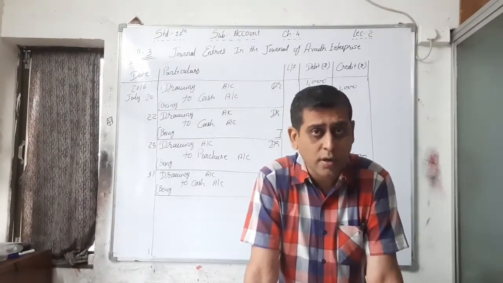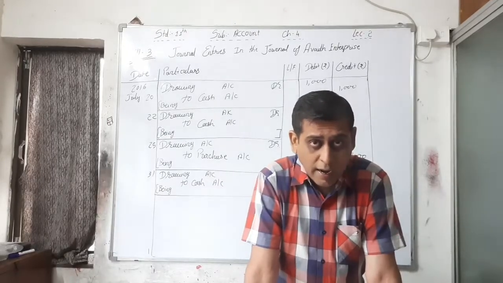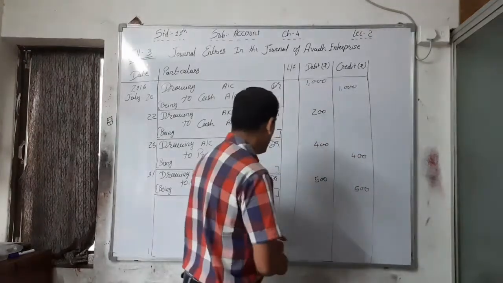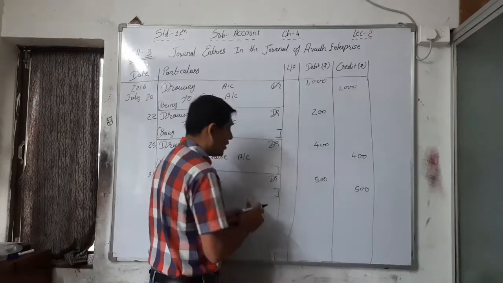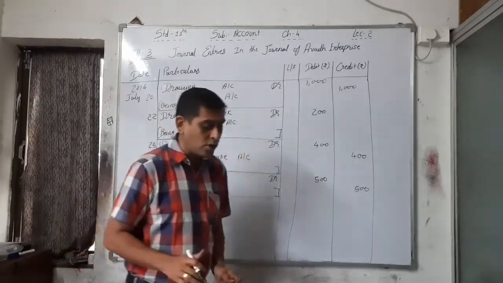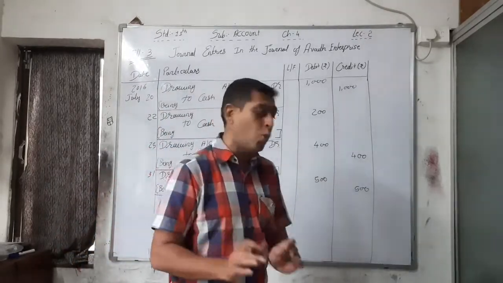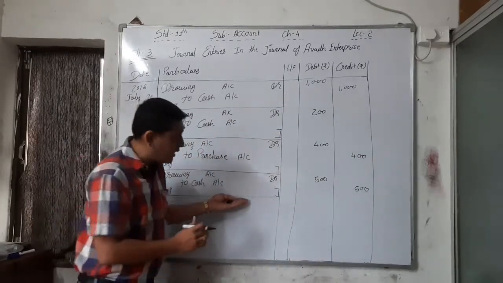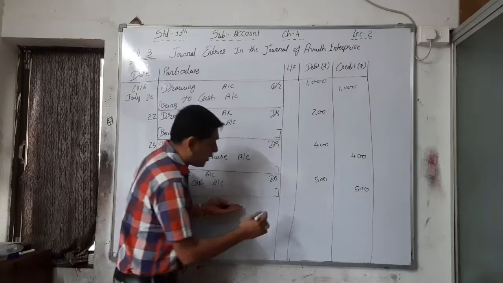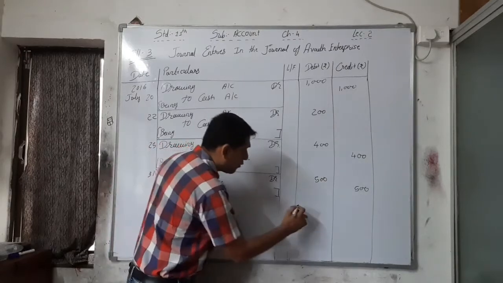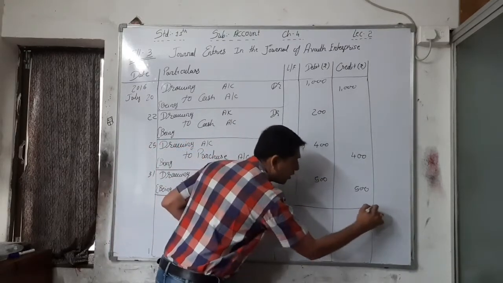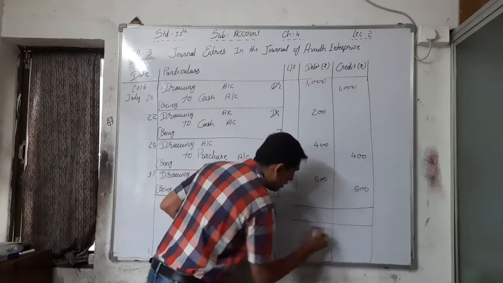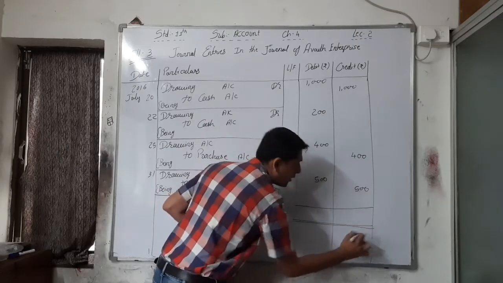That is your narration. You have to write that narration, and then make the total. Here all the journal entries given in the illustration are over. After this line, that is after the narration, we have to make one line here and two lines under that, compulsory.